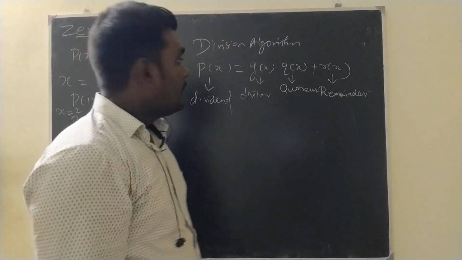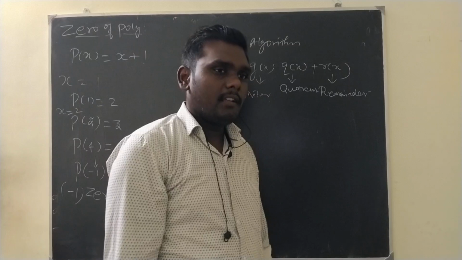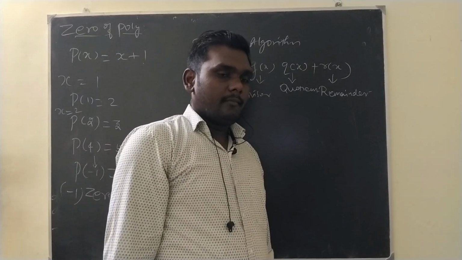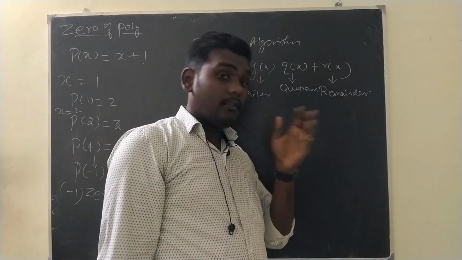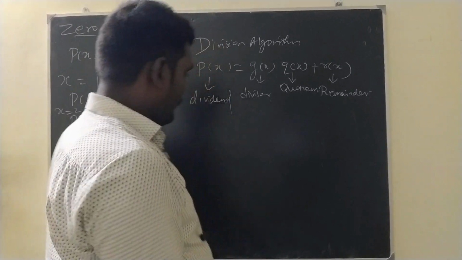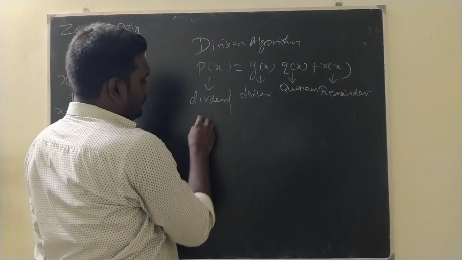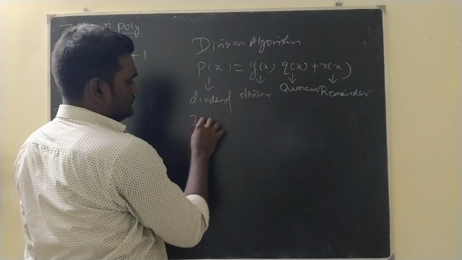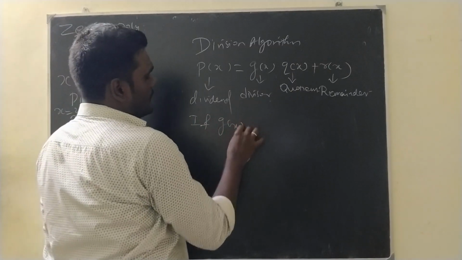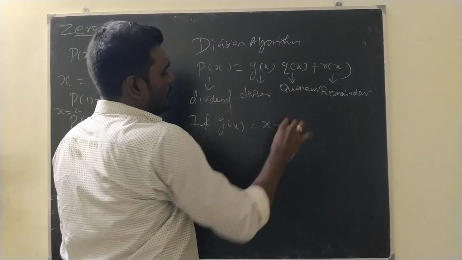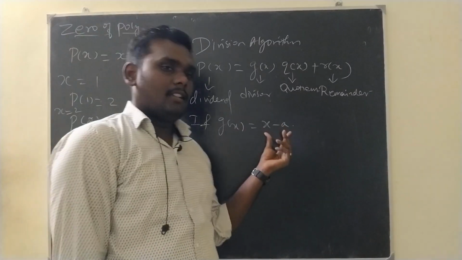Now in this, without even dividing it, without finding the quotient, how can we find the remainder when p of x is divided by g of x, which is in the form x minus a?